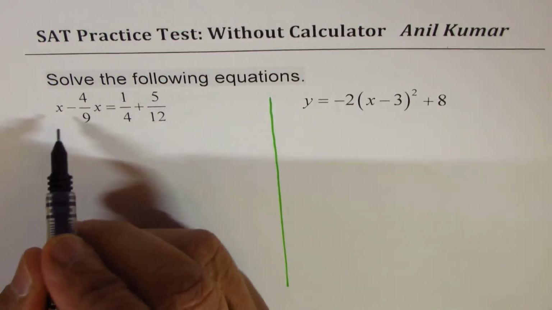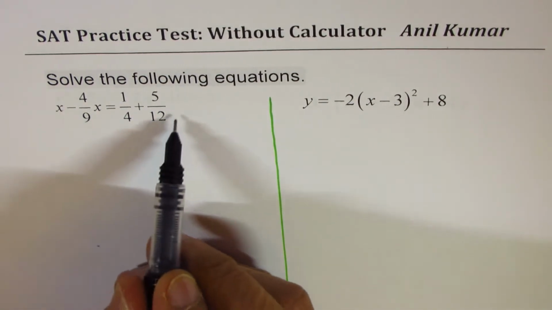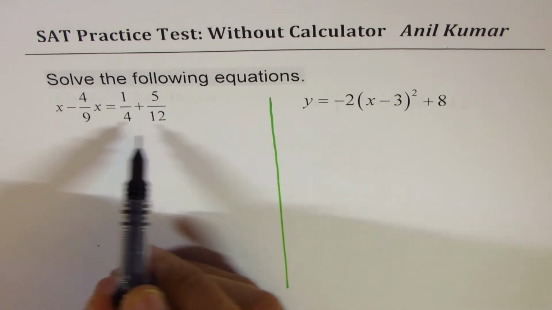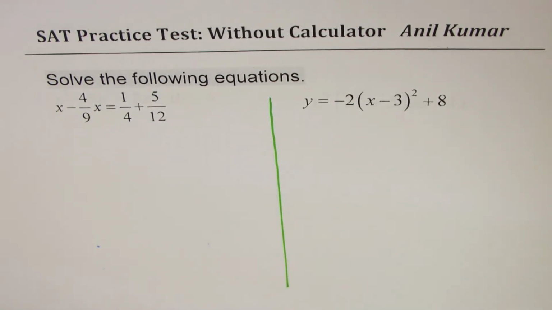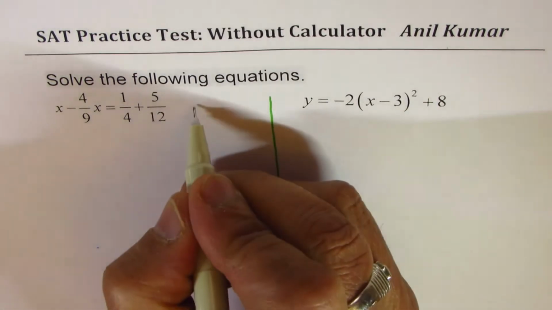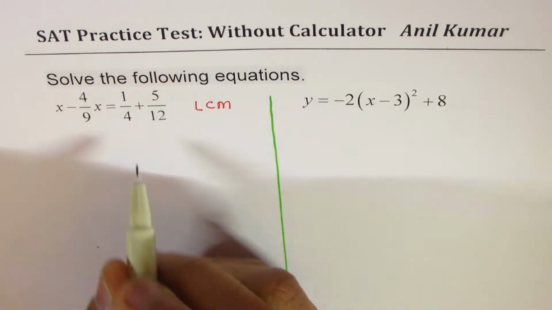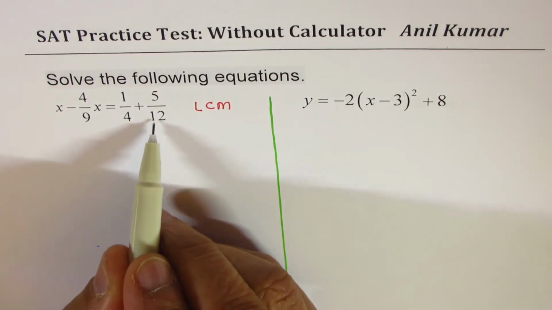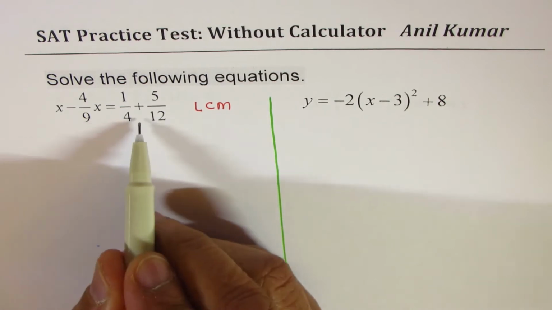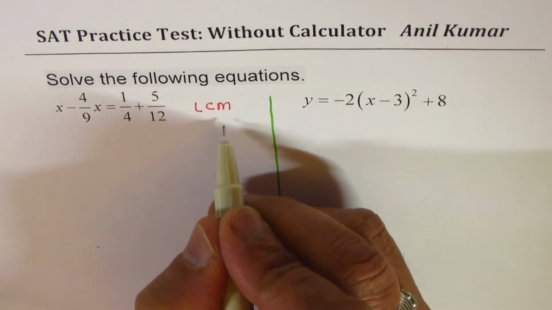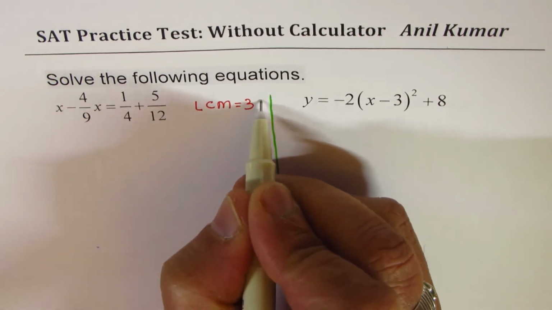Solve the following equation. We have fractions here. Whenever you're working with fractions, it is very important to find the lowest common denominator or lowest common multiple. So in this case, what is the LCM? LCM in this case will be 36, right? 9 times 4 is 36, 12 times 3 is 36.